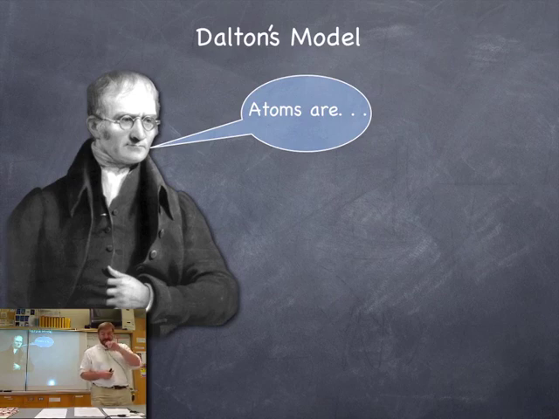Guys like Amadeus Avogadro in Italy come up with some laws that say, hey, look, the atoms clearly have different masses. We can go through and find out the masses of lots of these different elements in relationship to one another. Find out that oxygen is 16 times heavier than hydrogen. Okay?